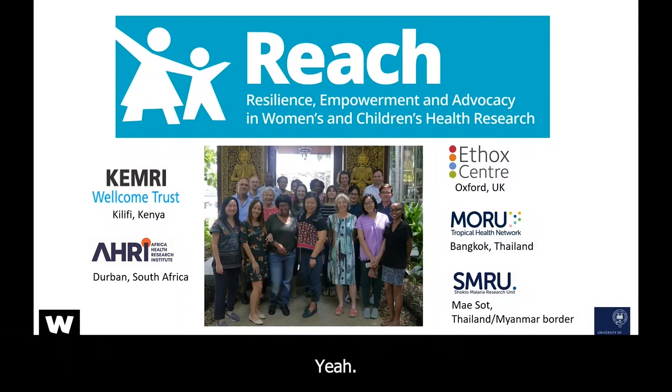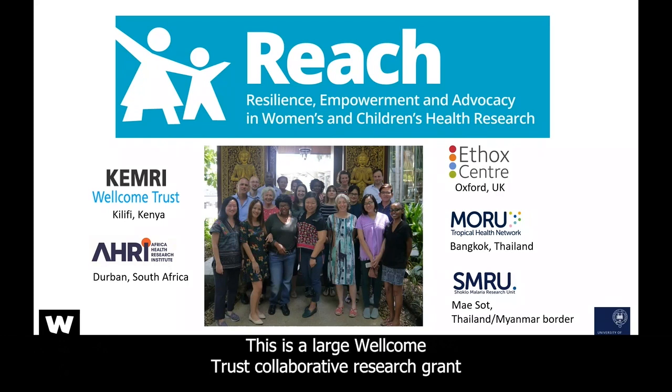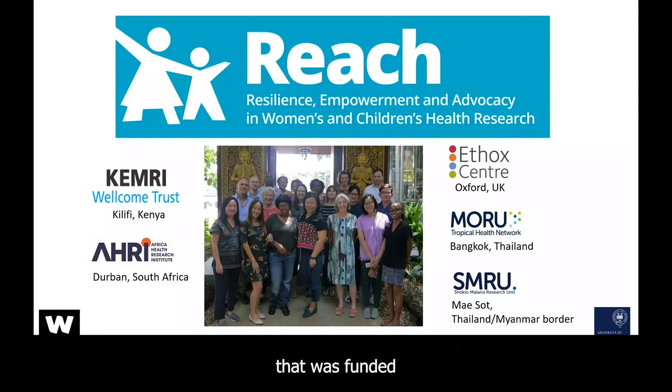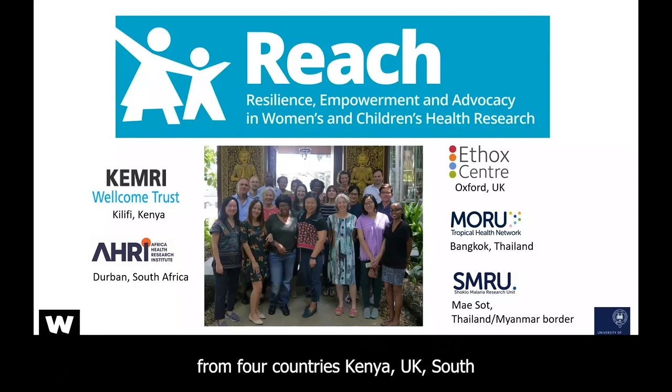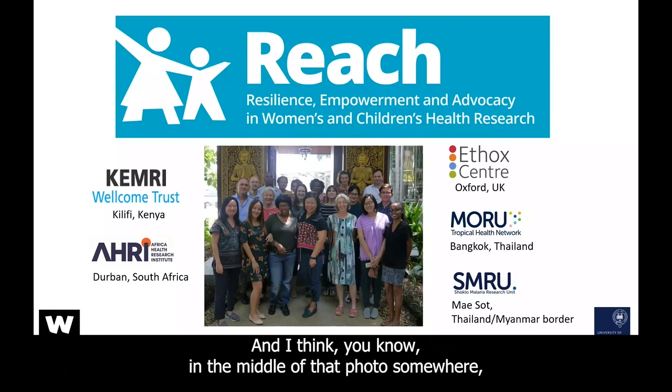Yeah. So I'll tell you a bit about REACH. This is a large Wellcome Trust collaborative research grant that was funded for 5 years, and in fact has just recently finished. This grant brought together people from 5 different institutions from 4 countries, Kenya, UK, South Africa, and Thailand. And I think you're in the middle of that photo somewhere.